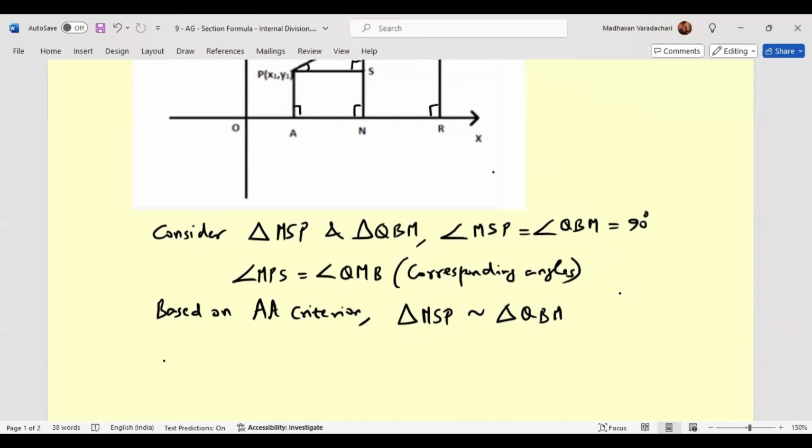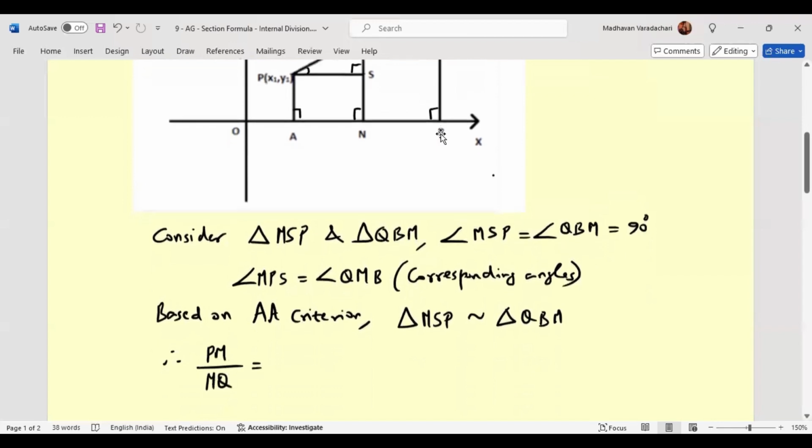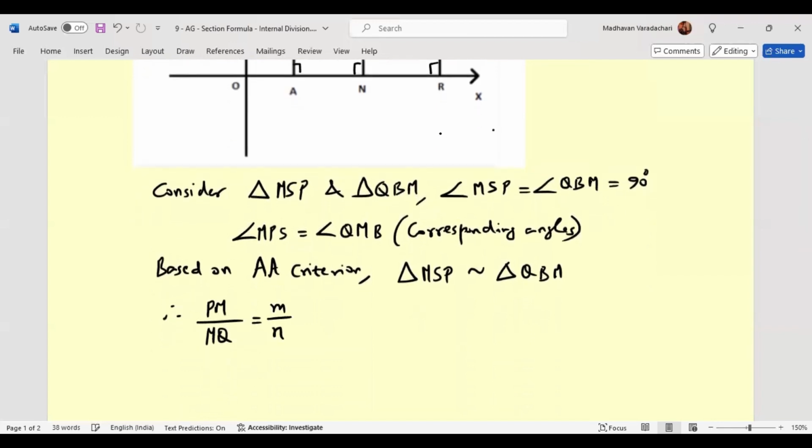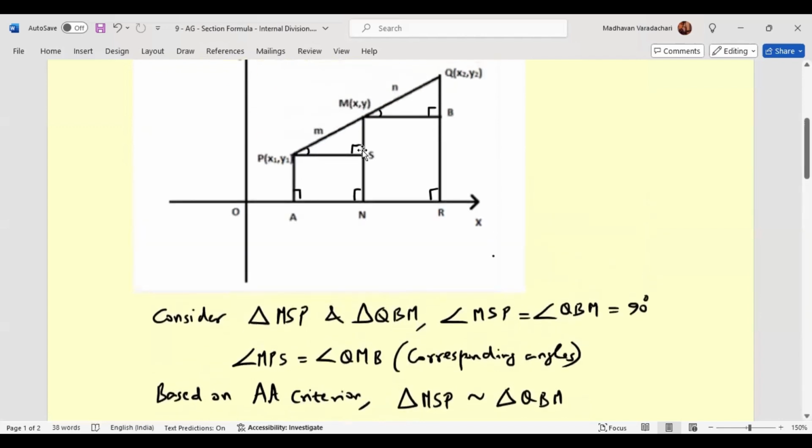So therefore, we can say PM divided by MQ, which is m by n, will be the same as PS divided by MB, and that will be the same as MS divided by QB. MS and QB, PS and MB.